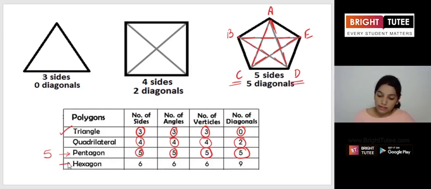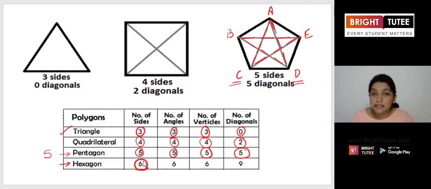Now talking about hexagon, which has got 6 sides. So there are several names for polygons. Starting from 3 sides, it is called triangle. Then for 4 sides, it is quadrilateral. If it has got 5 sides, it is known as pentagon. For 6 sides, it is hexagon. For 7 sides, it is septagon.